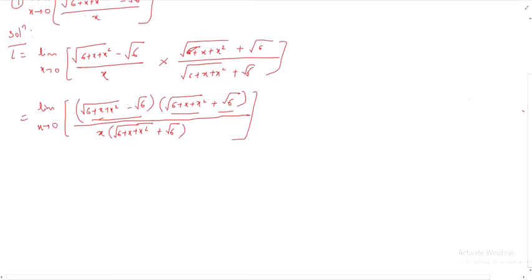Therefore L is equal to limit x tends to 0, and inside the bracket we can write a square minus b square in this form: (root of 6 plus x square) whole square minus (root 6) whole square, upon the denominator, which remains as it is.